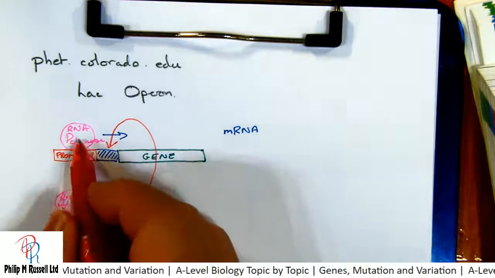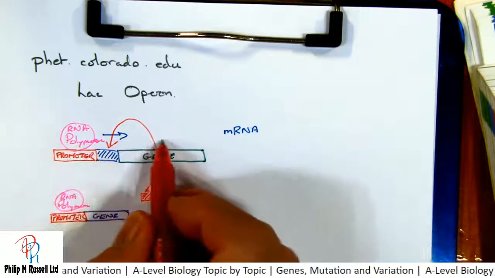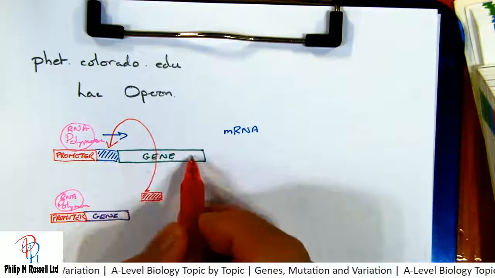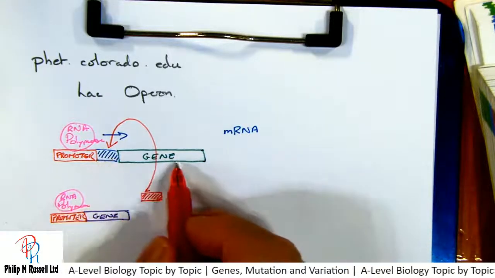If it sticks to this piece of DNA, this RNA polymerase can't move along and can't produce this gene. So this gene is effectively blocked and it's not made.